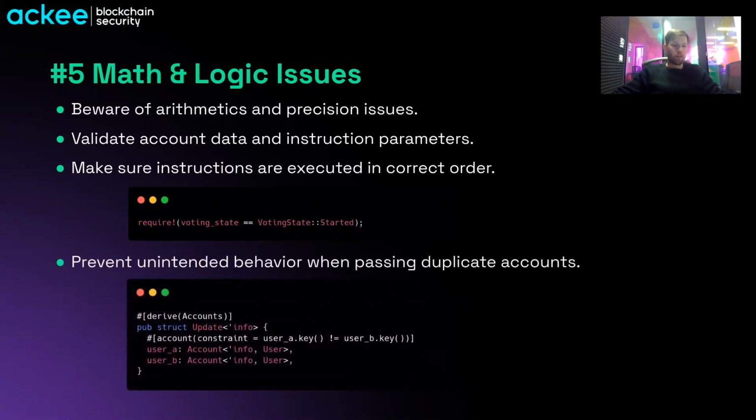And then the last very common problem that I would like to share with you is that you should also prevent unintended behavior when you pass duplicate mutable accounts, actually.